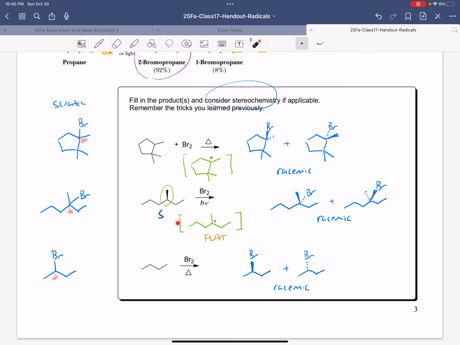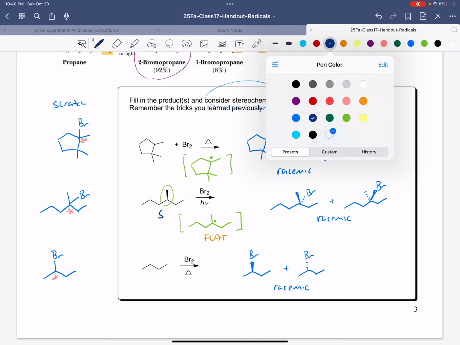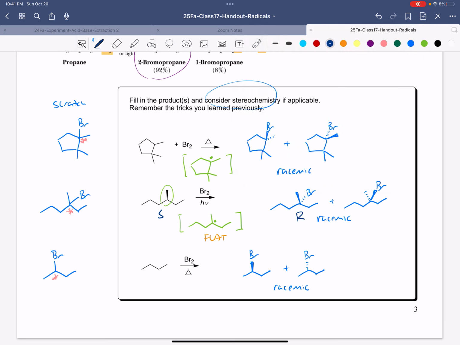This one is S, and then we lose all stereochemistry, neither R nor S, totally flat. And then when we add the bromine, we get the first one, which I drew as R, and the second one I drew as S. 50-50. Right, 50-50.